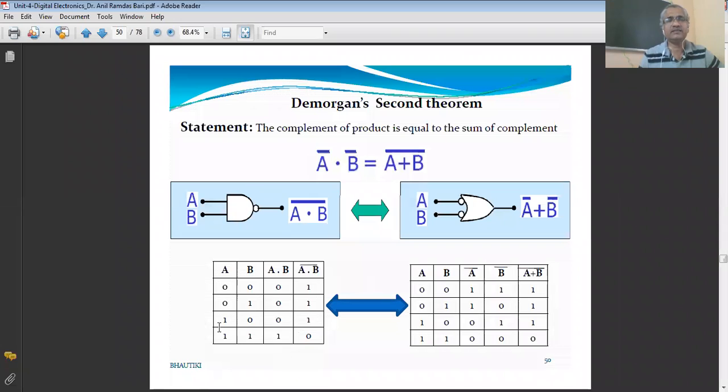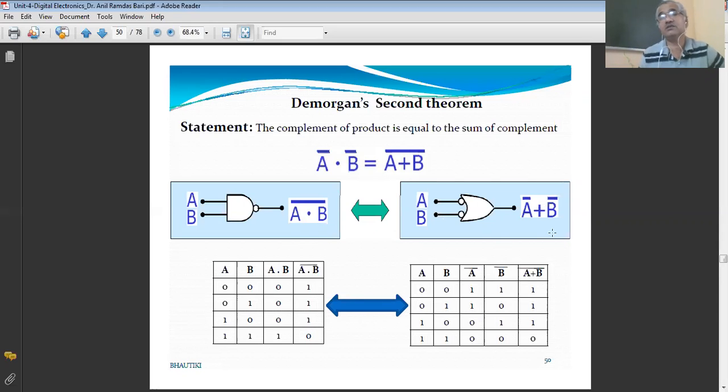And see the last condition, A is equal to 1, B is equal to 1, therefore A dot B is 1 and its complement is 0. So the output of this is 1 1 1 0 for different combinations of A and B. So this is the A dot B complement. म्हणजे complement of the product. This is called as the complement of the product.